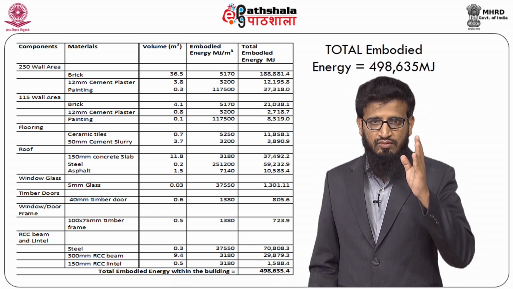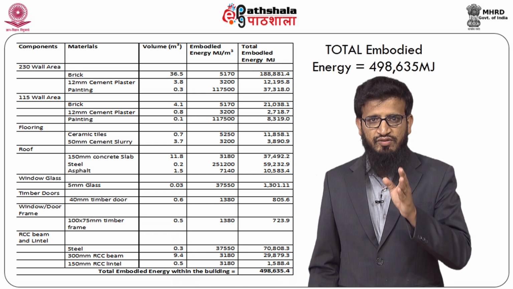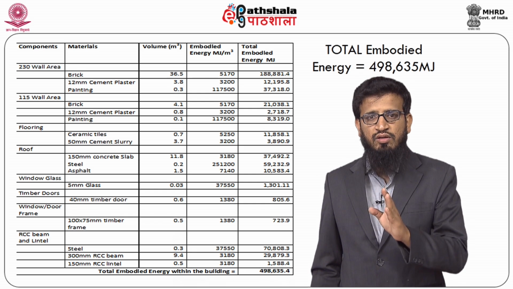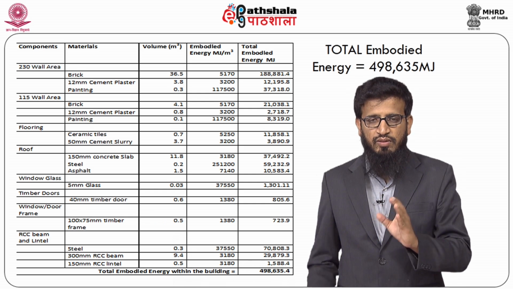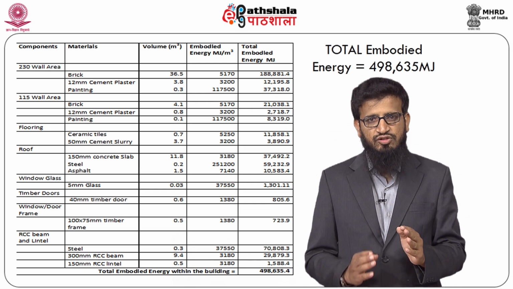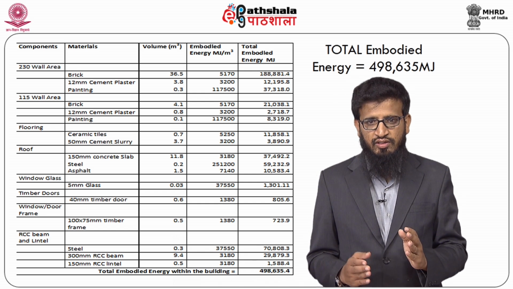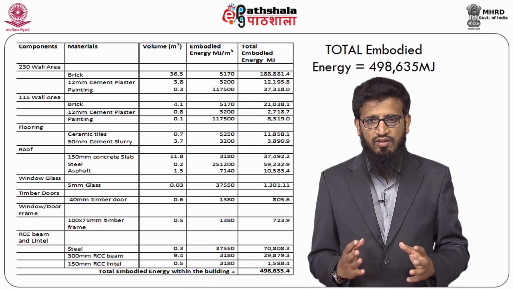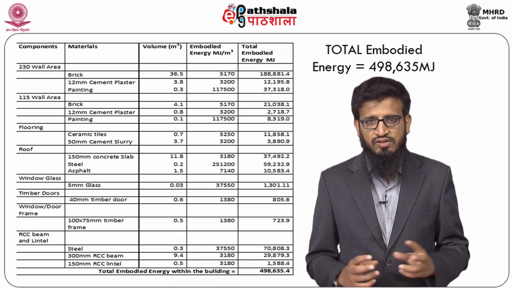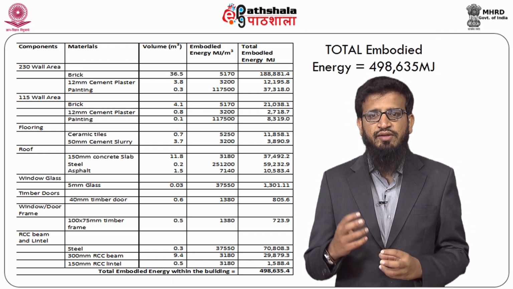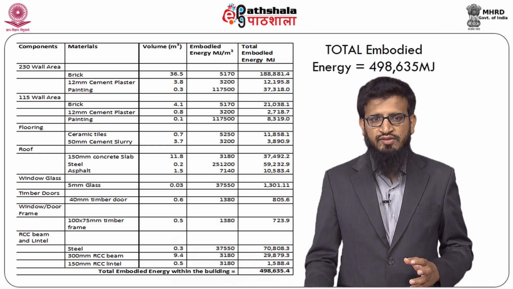Instead of the third column, where we used mass, it's been replaced by volume. The embodied energy values here are all in megajoules per meter cube, but in the previous calculation it was megajoules per kg. Total embodied energy is calculated, and it is pretty much the same as we got, a few differences here and there because we calculated density and the density may vary a little, but pretty much in the same ballpark.